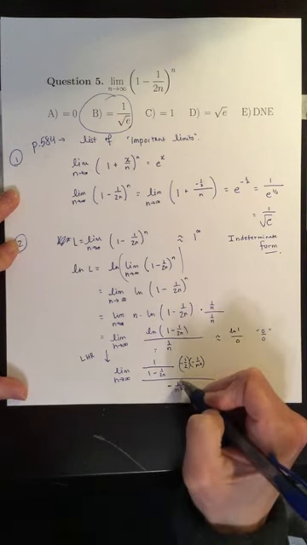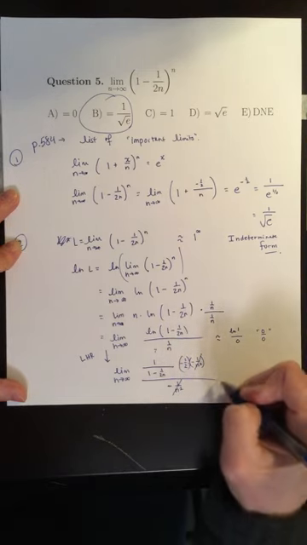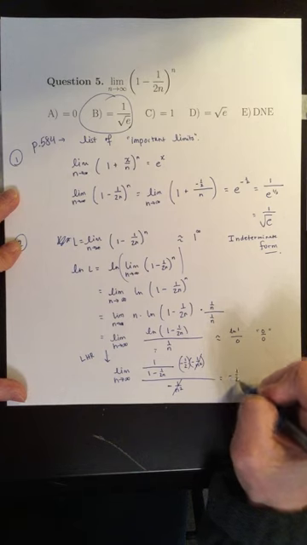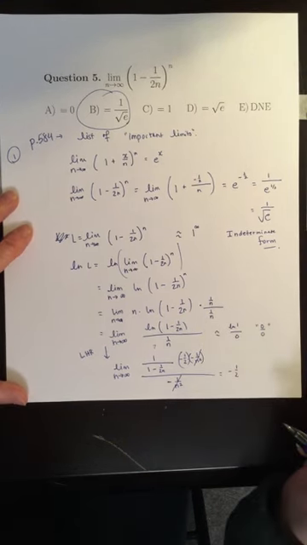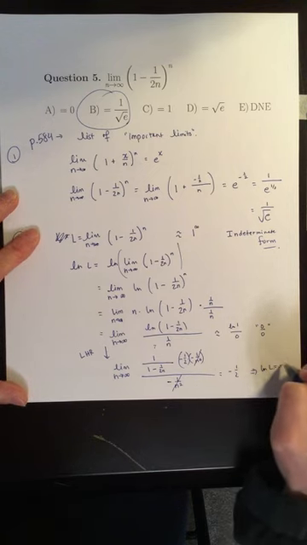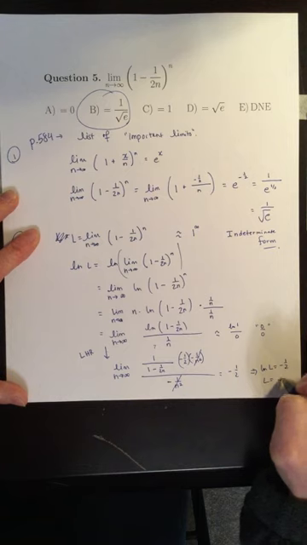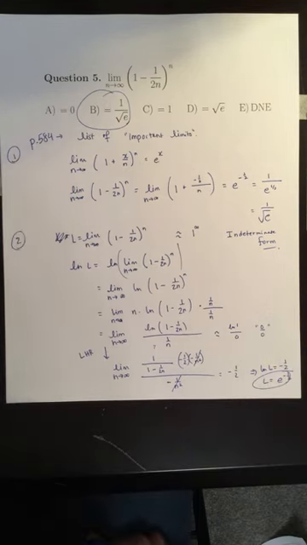So this will cancel with this. As n gets really, really large, I get a negative 1/2, but that is the natural log of the limit that I need, so therefore the natural log of L is negative 1/2, so L is equal to e to the negative 1/2. And I get an answer of B again.